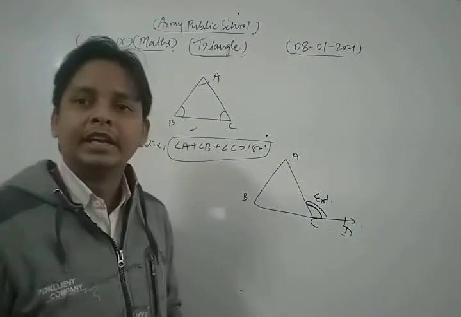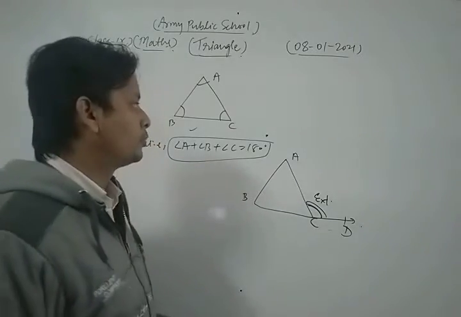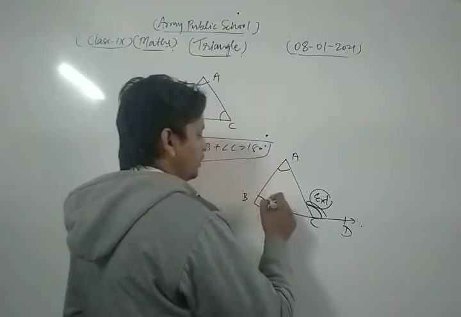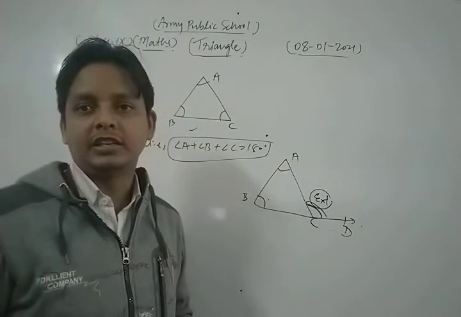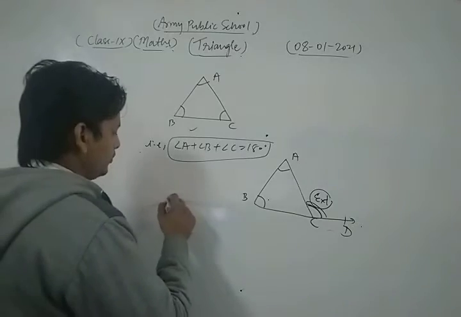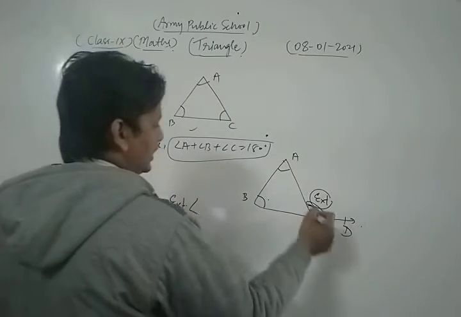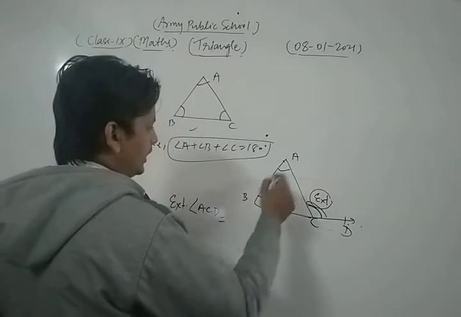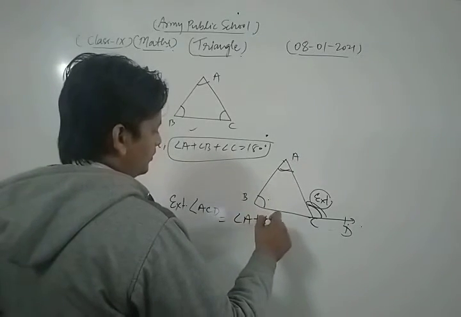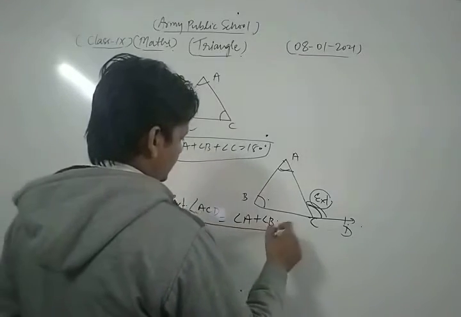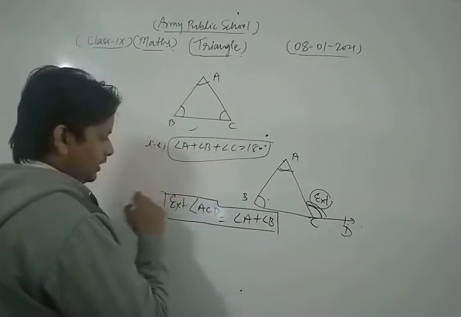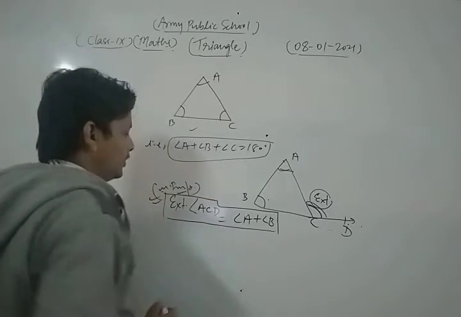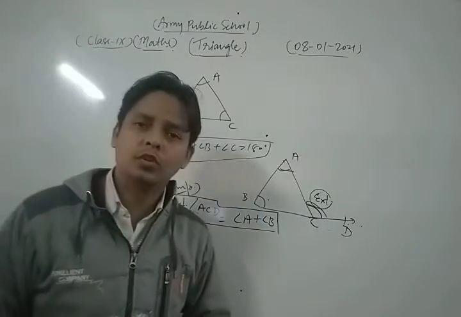One of the most important properties is that the exterior angle is always equal to the sum of its two opposite interior angles. That means exterior angle ACD is equal to angle A plus angle B. This is a most important property related to triangles.